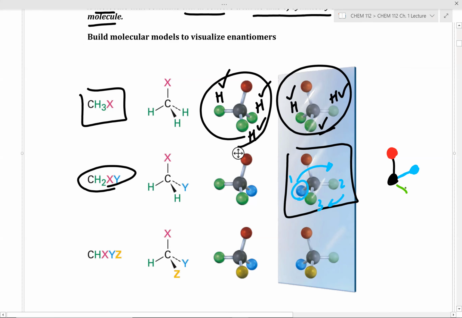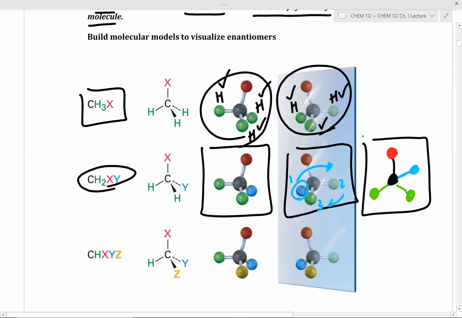We have a hydrogen in the front and another hydrogen pointing to the left. And if we compare our structure and its mirror image, we see that these 2 mirror images are identical.